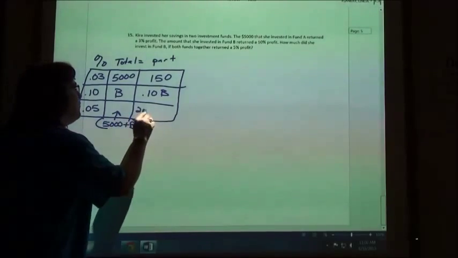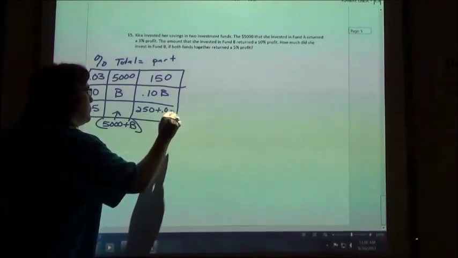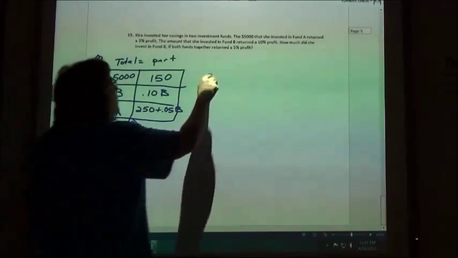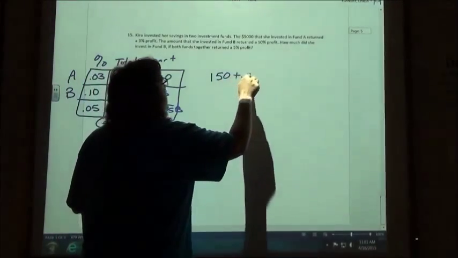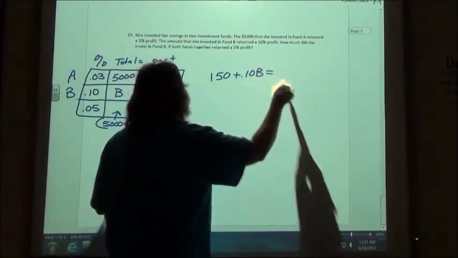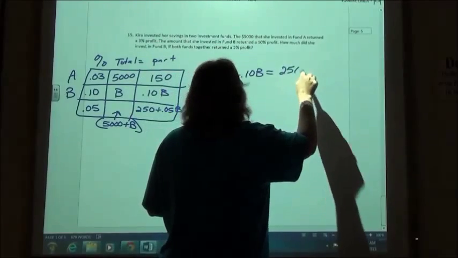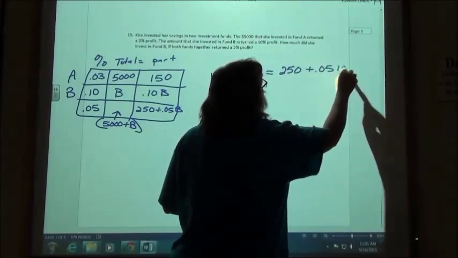So I'm going to have 250 plus 0.05B for the total amount that I got from both investments. So 150 plus 10% of B is going to equal 250 plus 5% of B.